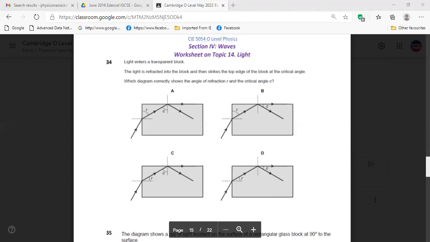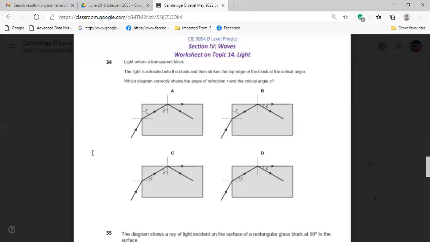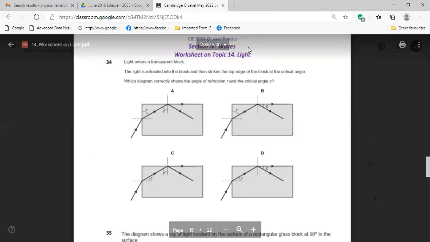I'm confused still. Look here. In A, you write the rule. You write the rule, then you'll understand it better.